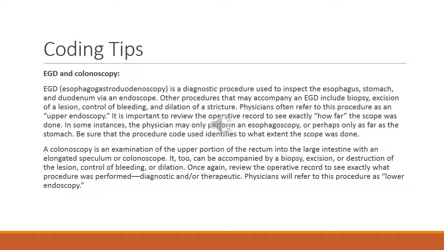Physicians often refer to this procedure as an upper endoscopy. It's important to review the operative record to see exactly how far the scope was done. In some instances, the physician may only perform an esophagoscopy, or perhaps only as far as the stomach. Be sure that the procedure code used identifies to what extent the scope was done.